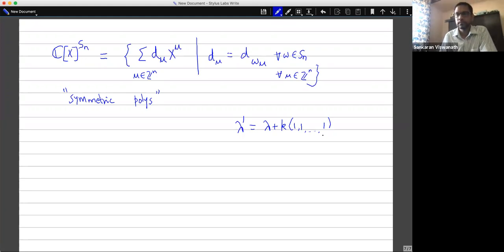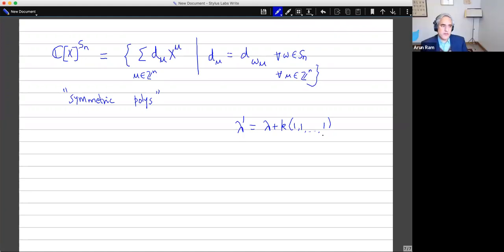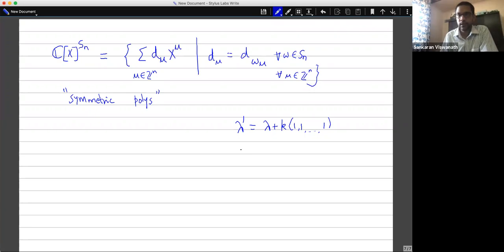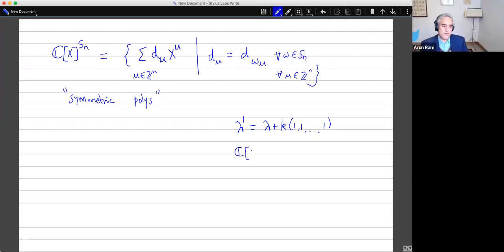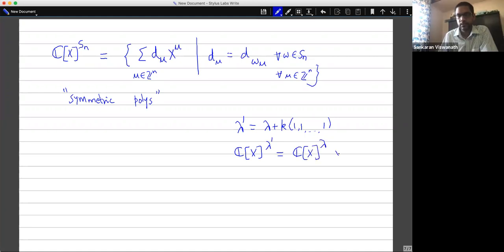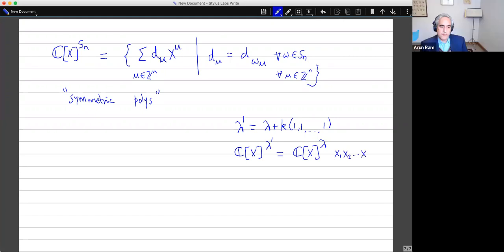Yes, there is. Cx lambda prime will be the product x1, x2 up to xn to the k times Cx lambda. You're saying just the monomial to the power k. Exactly. I see. Okay. Thank you.